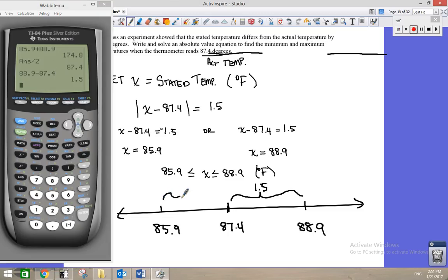And the same thing, if you take 87.4 and subtract 85.9, 1.5. So you're 1.5 units away. So hey, this is a good answer.